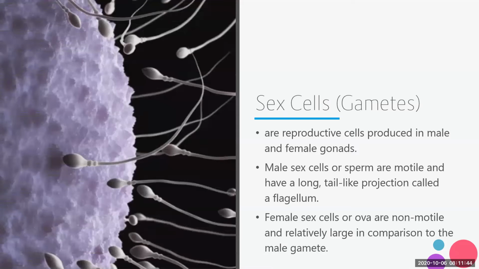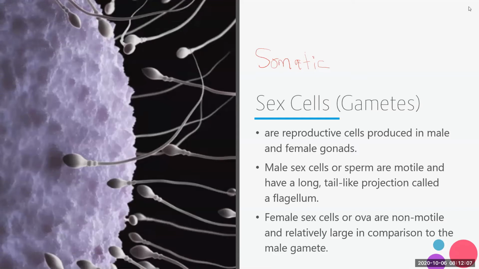So we have sex cells. The sex cells are unique because they are the only cells that can be used for reproduction. So we have what we call somatic cells.